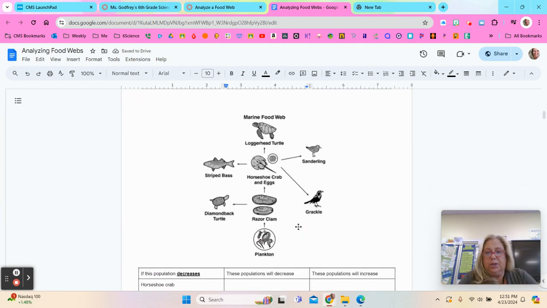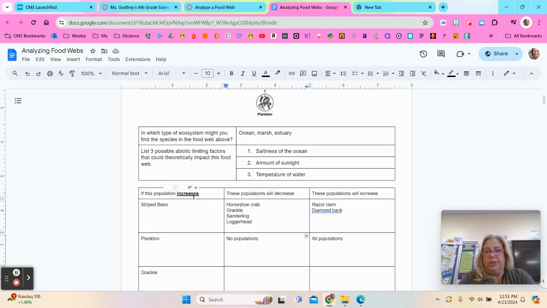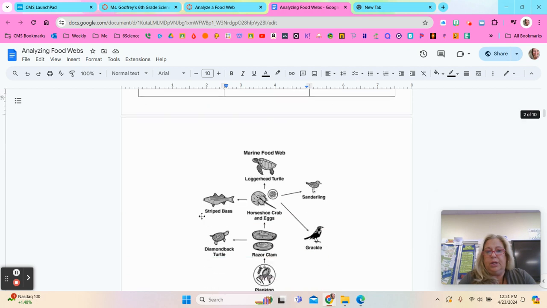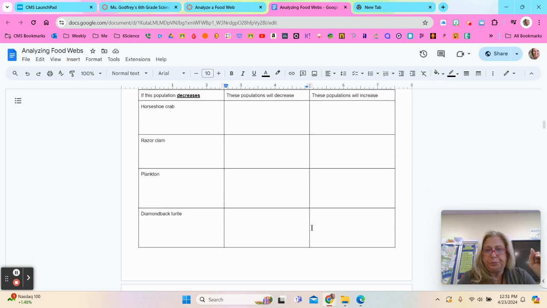All right, so I'm not going to do any more, but there's another page here. Now keep in mind, it looks like it's the same as this page, but see where it says population increases? Down here is going to be these decrease, and then you're going to tell how it impacts the other populations.